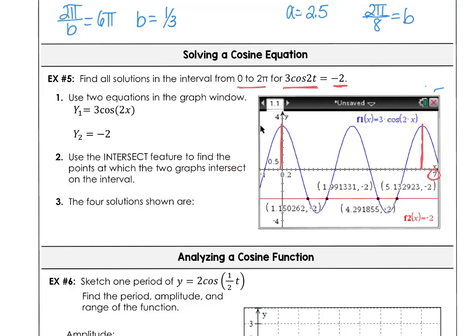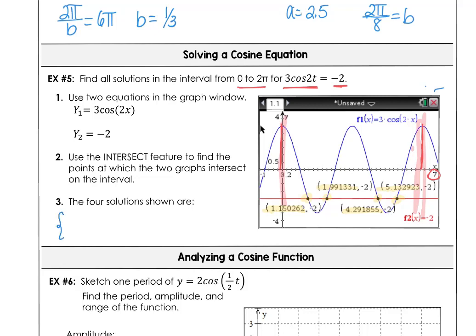0. So remember what we're doing. We're looking between 0 and 2 pi. So we want all the places where the graph intersects, and you can see it's here 1, 2, 3, 4. So those 4 solutions I've written, highlighting them here, where they equal -2.